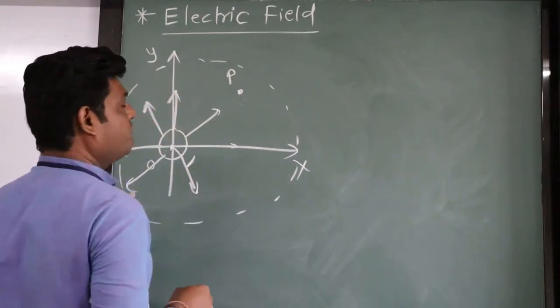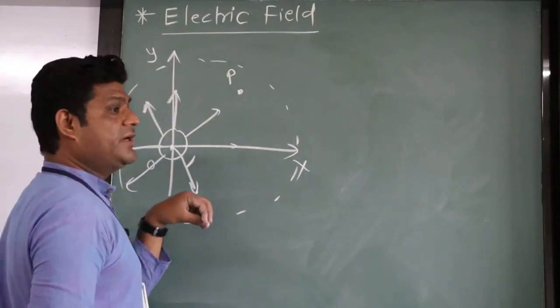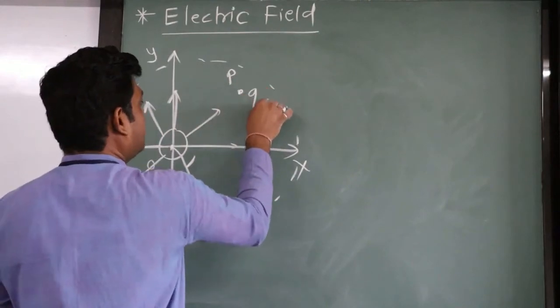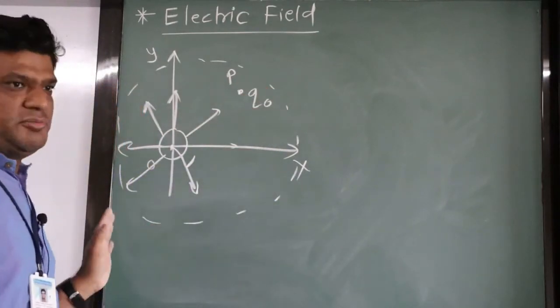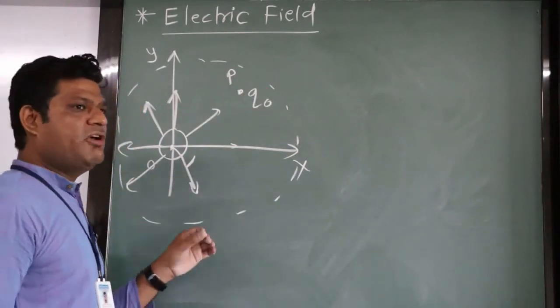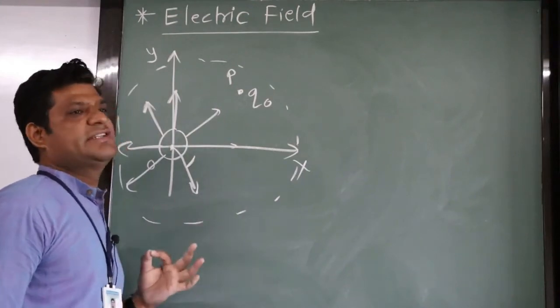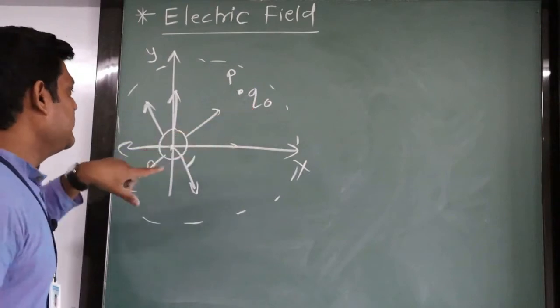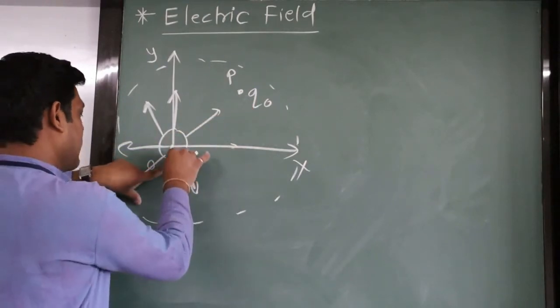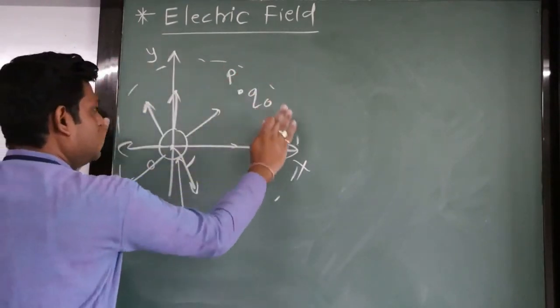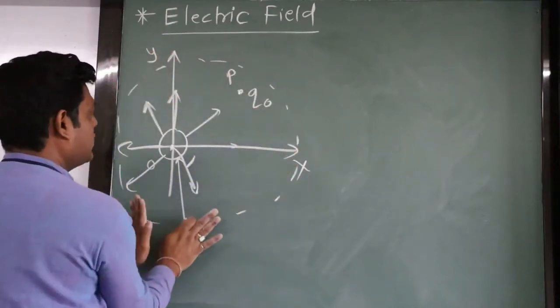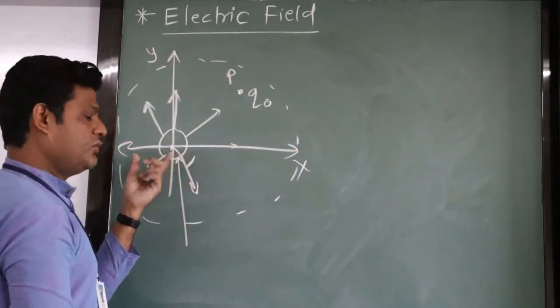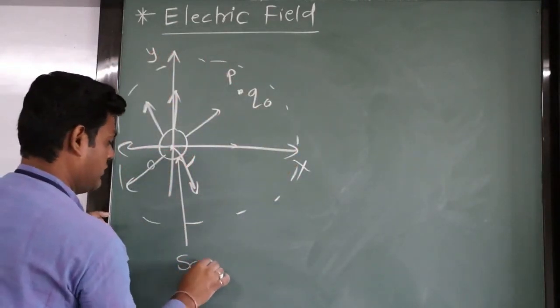For that purpose, we must put one charge, and that should be a minimum charge, of magnitude 1.6 × 10^-19 coulomb. The charge due to which the force is present is known as the source charge.